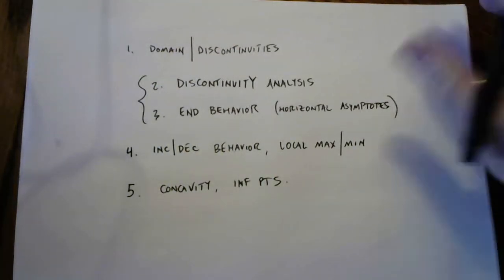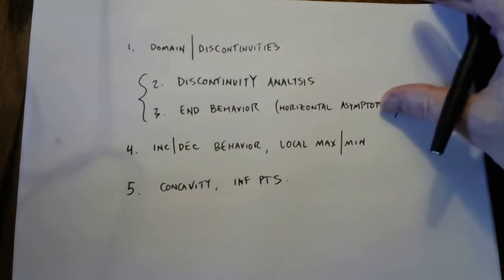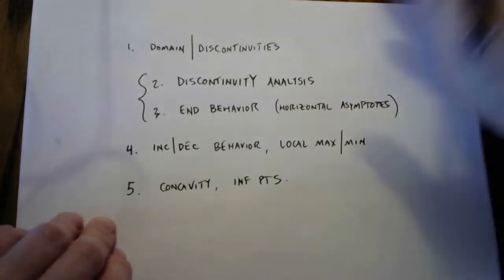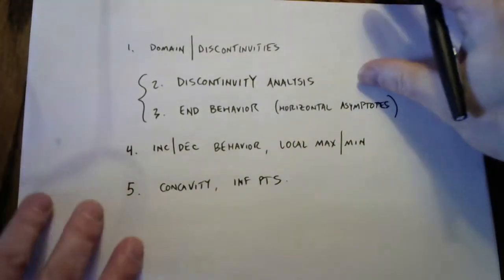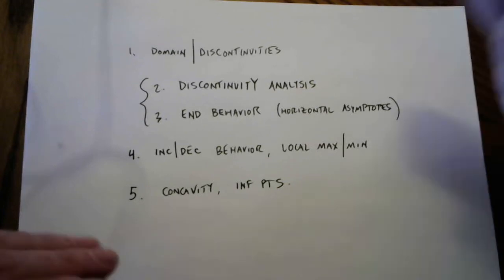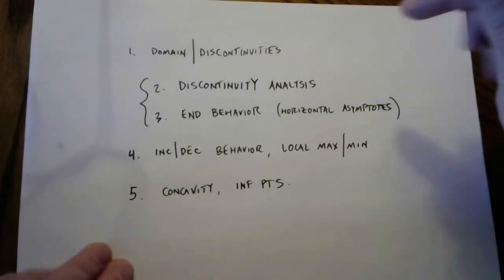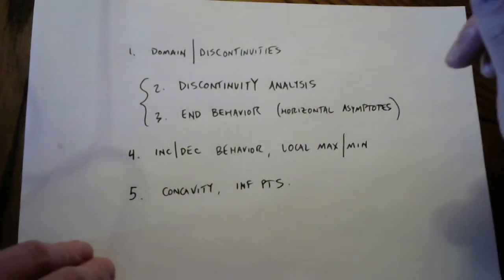So what I want to do here is address these two items. So discontinuity analysis. Again, think about the process. You look for the domain, find the domain, it's got gaps. Those are the discontinuities. We want to know what's happening there.